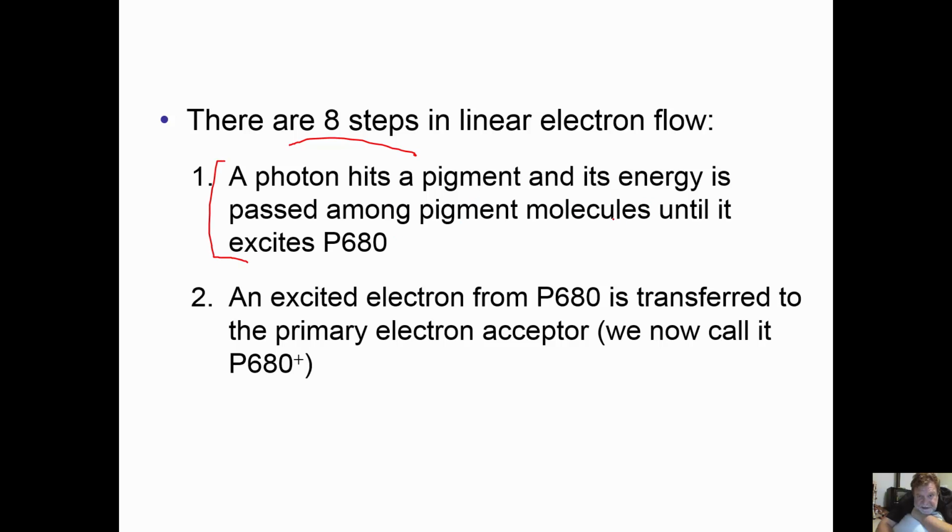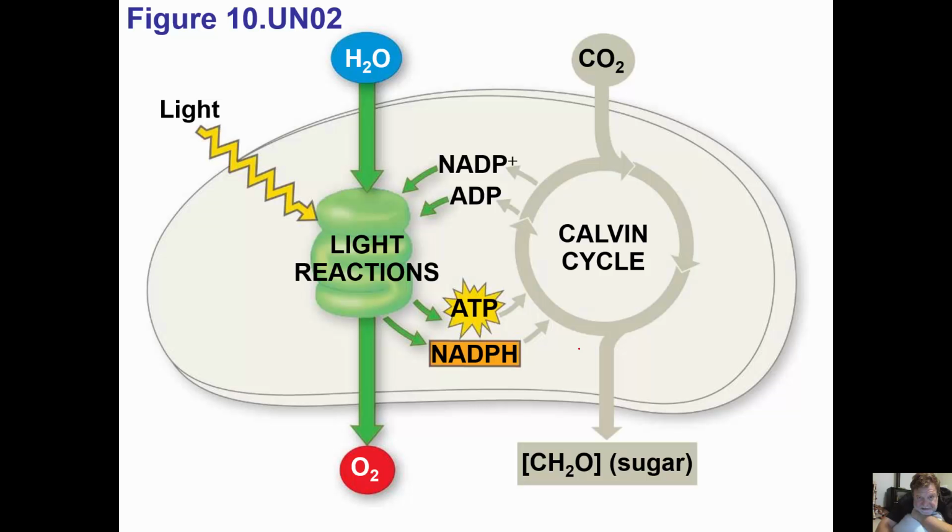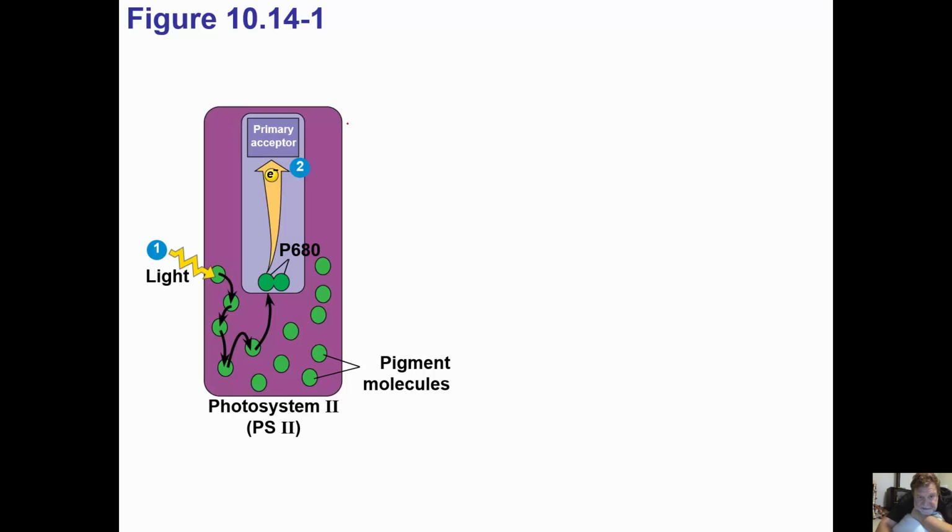And there are 8 steps in the linear electron flow. In step number 1, a photon hits a pigment, and its energy is passed among pigment molecules until it excites P680. An excited electron from P680 is transferred to the primary electron acceptor. We call it P680+. Okay, this occurs in this region here.